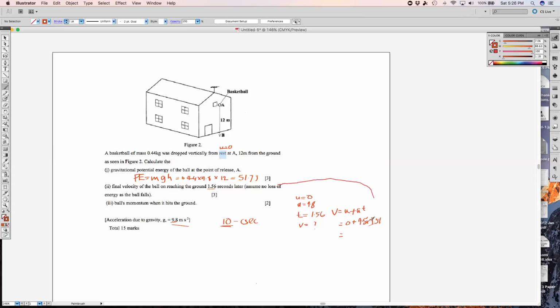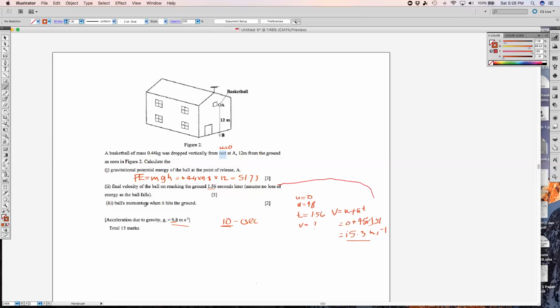That's correct. 15.3. Yeah, correct. Okay, good. And that will be meter per second. So that will be the velocity of the ball when it's just about to hit the ground.